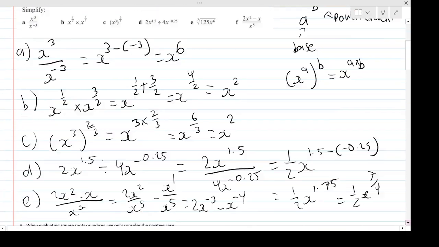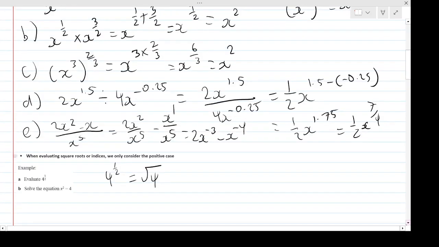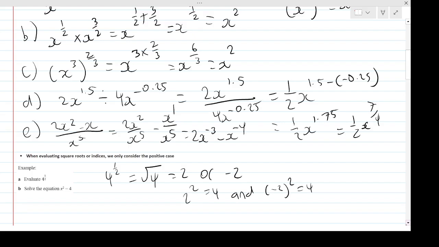It's about rooting. So you can convert this, but then you might say, well, this is saying what number squared gives us 4? Well, you could say 2 or minus 2, because 2 squared equals 4, and minus 2 all squared gives us 4 as well, because negative times negative gives a positive.